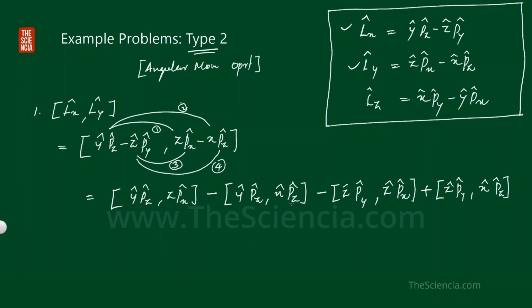In the classical mechanics class, I told you a trick to remember these equations. What is that trick? First x, then y will come, then z will come. This is the cyclic order. So see, x is here. What is the next term? Y. So y comes here. Then what is the next term?